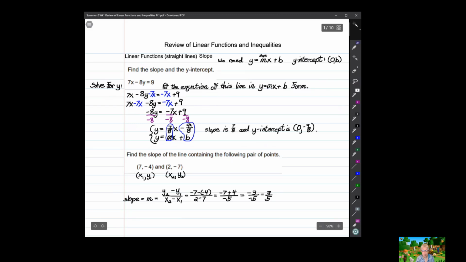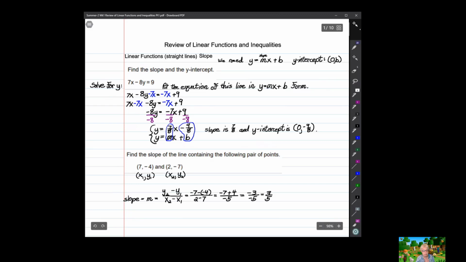Now, how do I know what the slope and the y-intercept are? The number in front of x, when I have the equation in y equals form, is the slope, so the slope is 7/8. And the number at the end is negative 9/8.